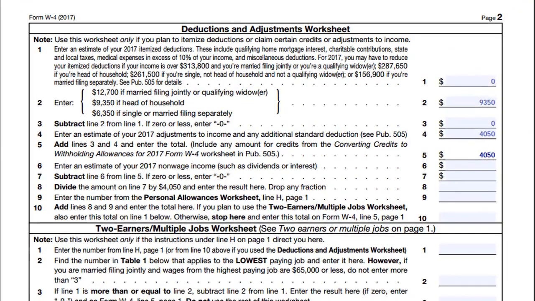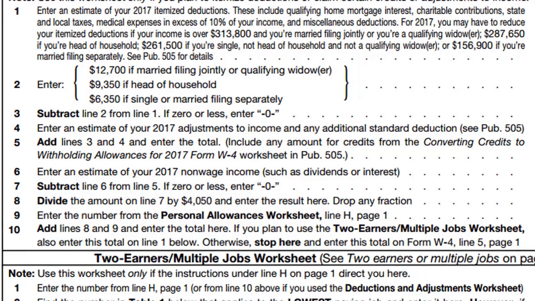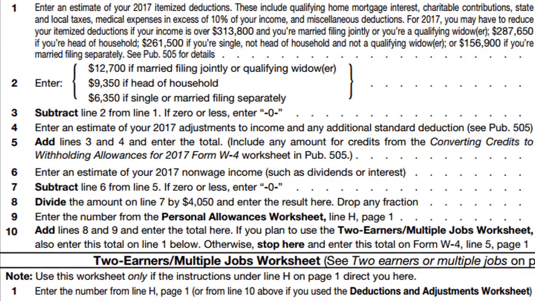Susan does not have any investments that will pay her dividends or interest, so she enters 0. Line 7. Subtract line 6 from line 5. If 0 or less, enter 0. 4,050 minus 0 equals 4,050. Susan enters 4,050.